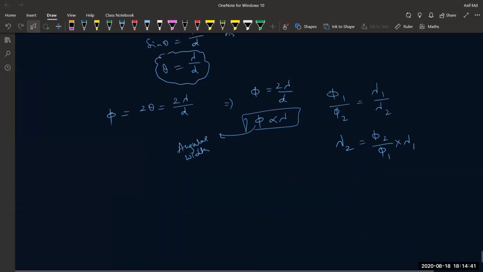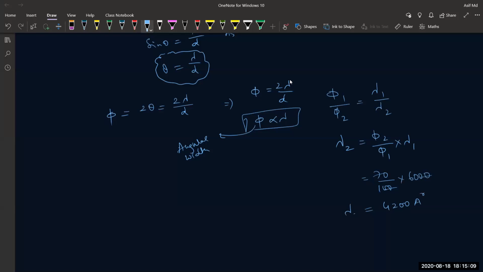Phi 2 is a 30% decrease of phi 1, and the remaining is 70%. So phi 2 is 70 over 100 of phi 1, and phi 1 gets cancelled. So 70 over 100 into the wavelength, 6000 angstroms. The two zeros get cancelled, and 7 times 6 is 42, so this becomes 4200 angstroms.